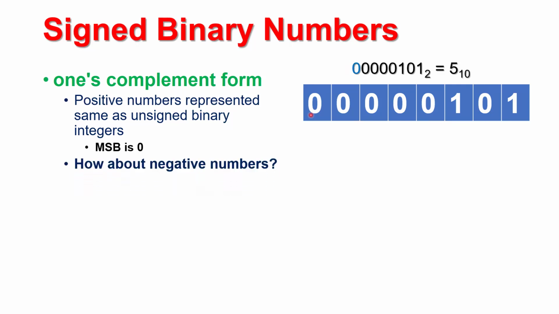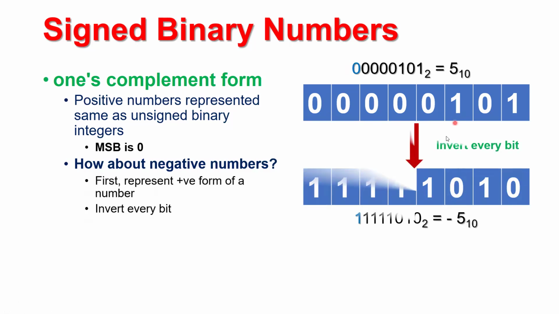So how about the negative numbers? If you want to represent negative numbers using one's complement form, first we have to take the positive form of the number. For example, if you are asked to represent negative 5 using one's complement form, you first write the positive representation of decimal 5, which is this number, 8 bits. Then you have to invert each of these bits. So 0 becomes 1, and 1 becomes 0.